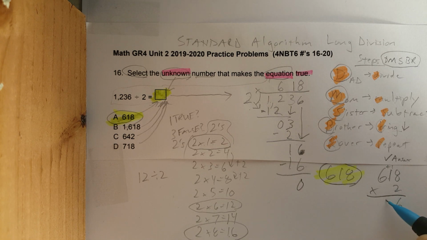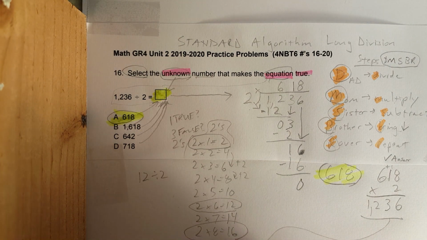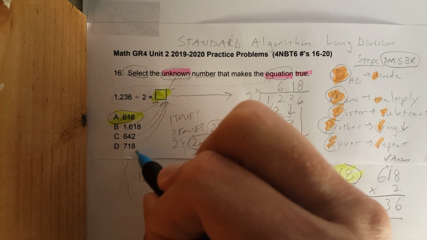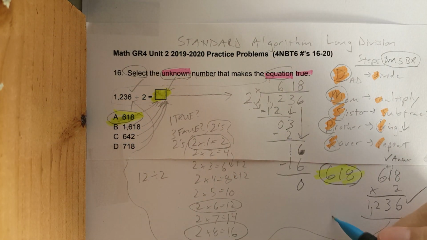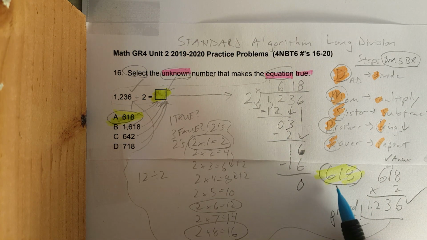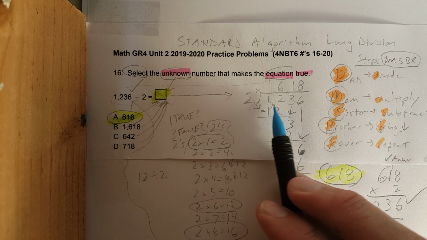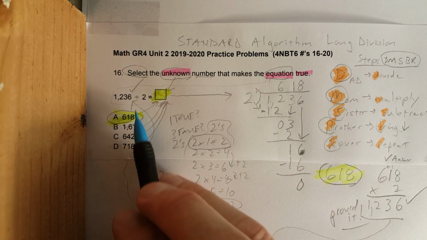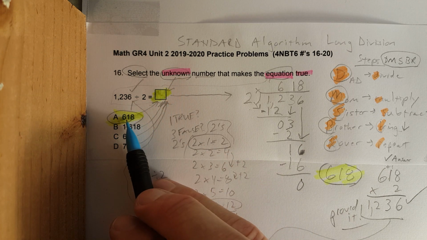Add the 1, I get 3. 2 times 6 is 12. 1,236. Notice how that answer is the same as that one. We just proved it. We know 618 is correct. 1,236 divided by 2, the unknown number is 618.